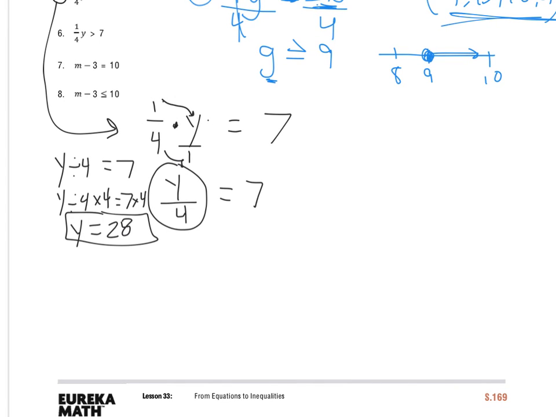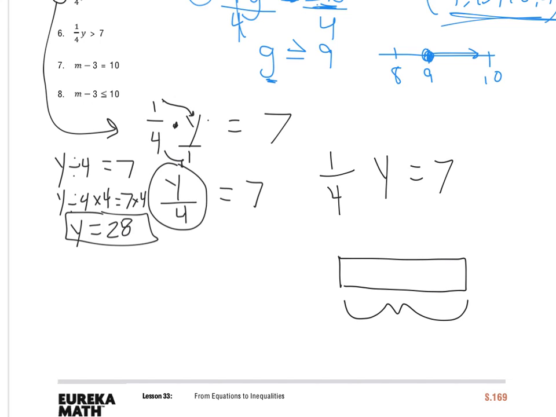Now, here is where the diagram can come into place. 1/4 y equals 7. I know that if I draw my tape diagram, the whole thing is y. I know that if I break it into fourths, and it says 1/4 times y, or 1/4 of y equals 7.